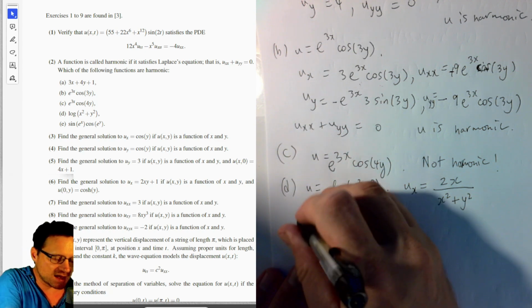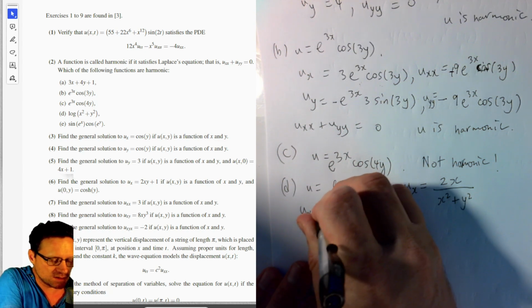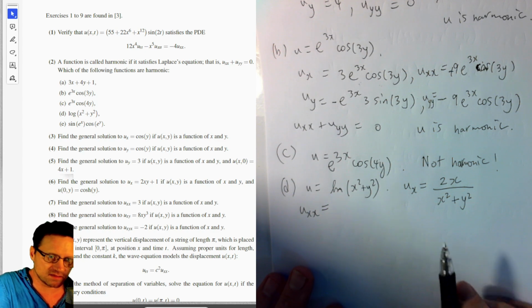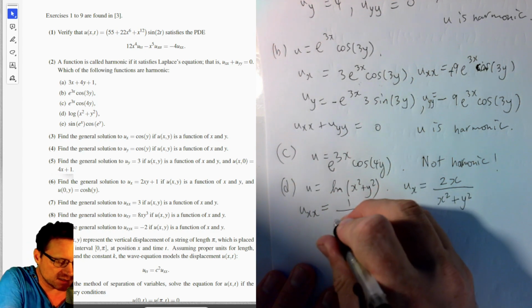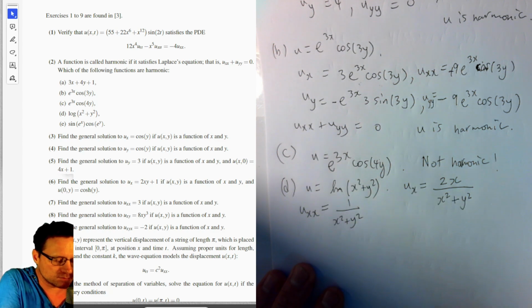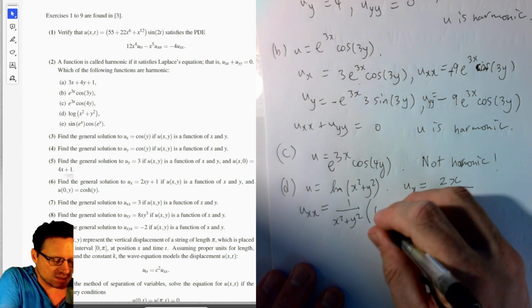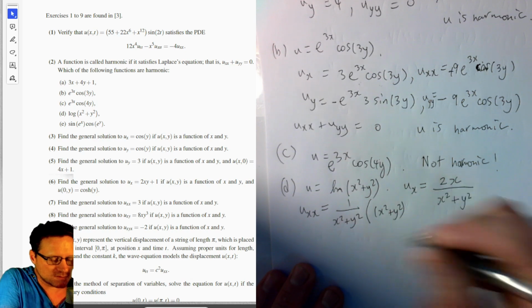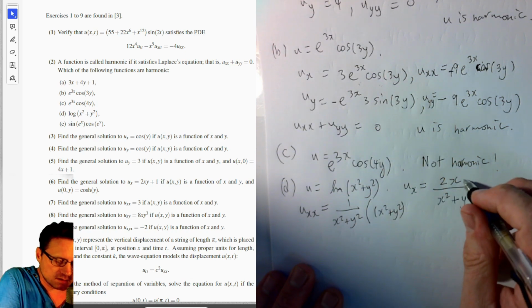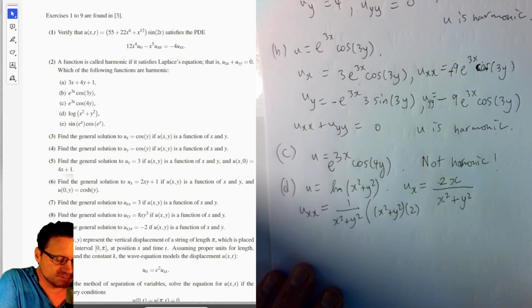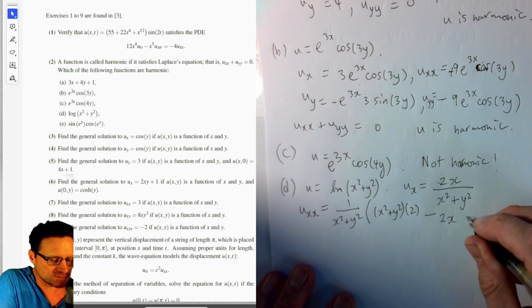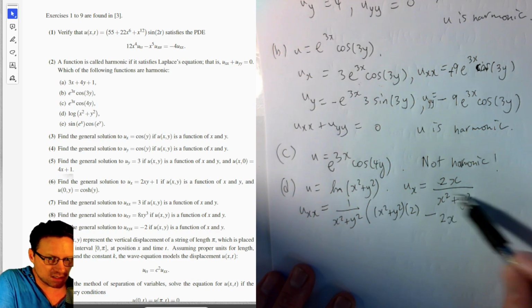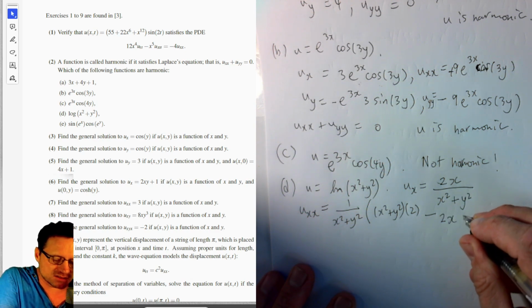Now, differentiating that again, so u_xx equals, we need the quotient rule for this, so we have 1 on v squared, now v being that denominator, and then v du on dx, so that's just 2, minus, and then we swap around the roles, u, which is 2x, times the derivative of v with respect to x partially, and so that is just 2x.